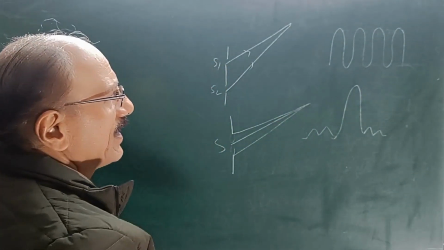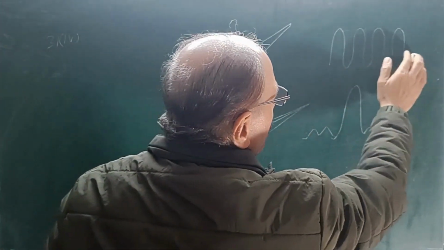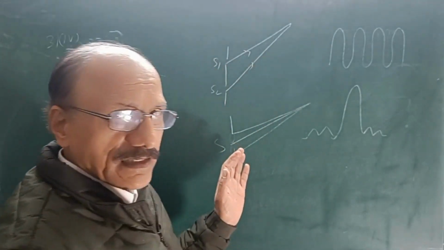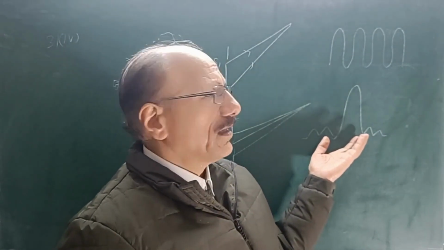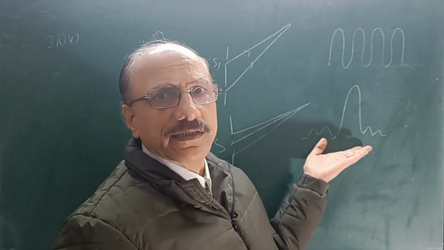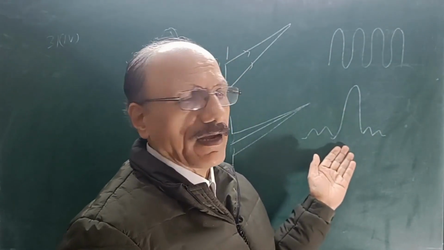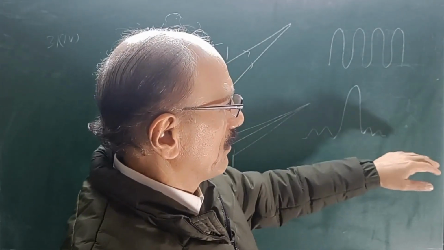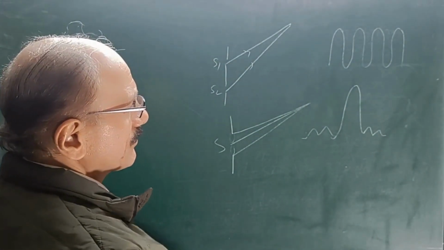Third, in case of interference pattern, the bands or fringes are of large number, whereas in case of diffraction, the bands or fringes are of small number. A few bands are there. Ultimately, they just vanish because the intensity falls very rapidly.